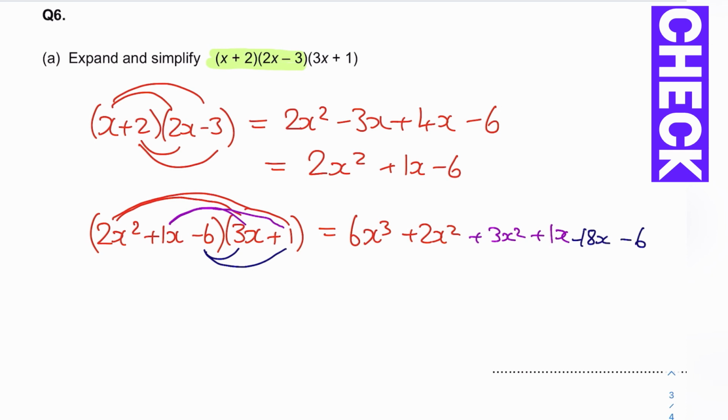Again, we're going to collect together our like terms. So we've got positive 2x squared, positive 3x squared, and then we've got our positive 1x, subtract our 18x. So our final answer would be 6x cubed plus 5x squared minus 17x minus 6.